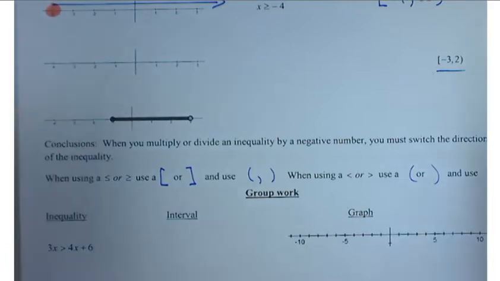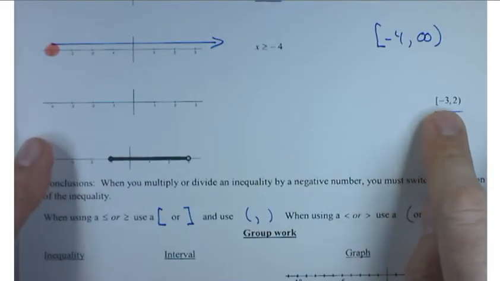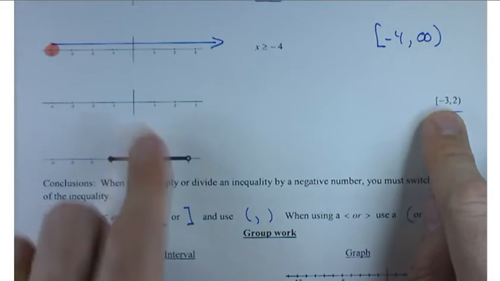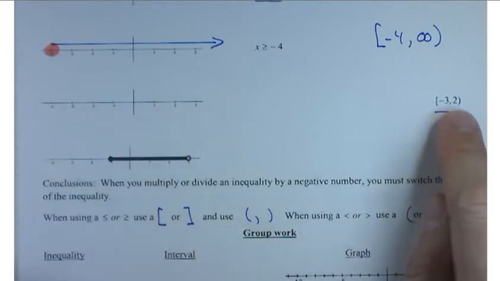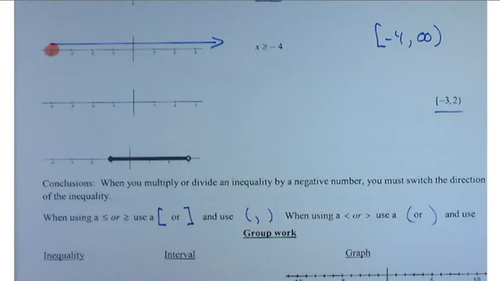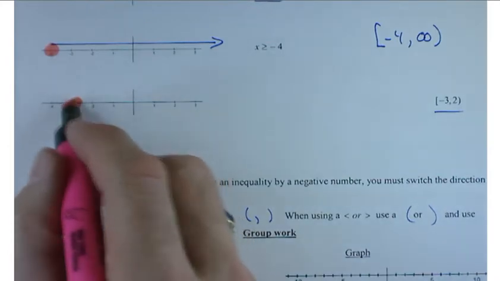All right, let's move down to this one here. Now we want to graph the interval between -3 and 2. So let's think about that. First of all, what kind of a dot am I going to put at -3? Solid dot. Solid dot at -3.